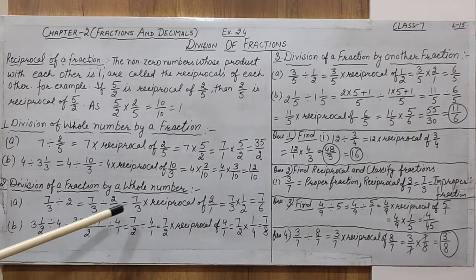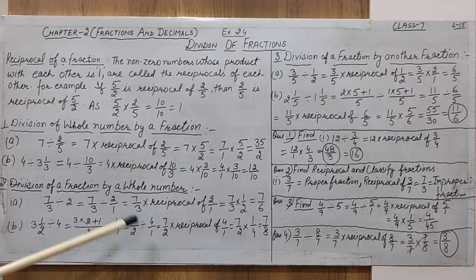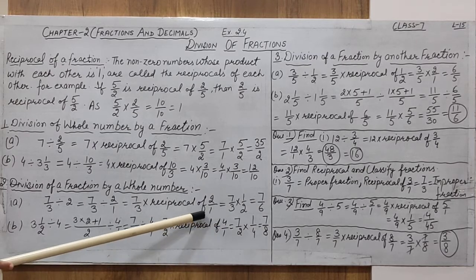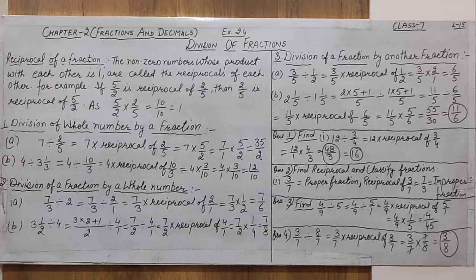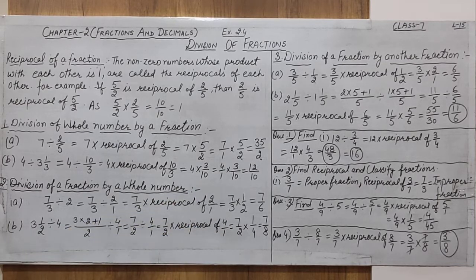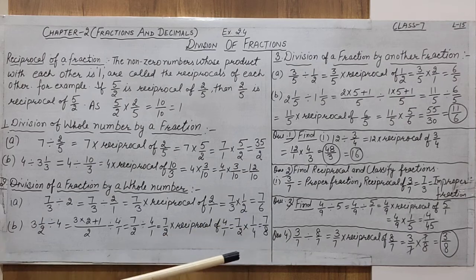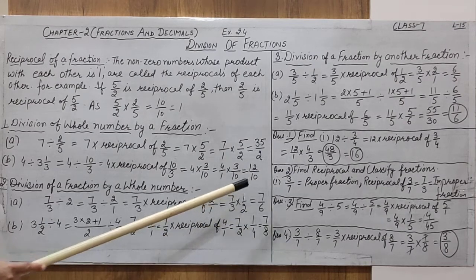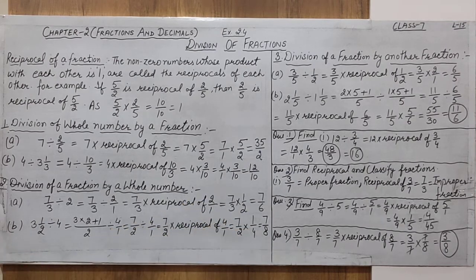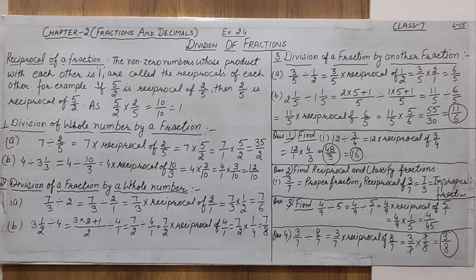You must understand that you have to multiply the first number with the reciprocal of the second number, not directly. That is, the numerator is changed into the denominator and the denominator into the numerator. So 7 by 3 multiplied with 1 by 2. The numerator is multiplied with the numerator when two fractional numbers are multiplied. So that gives us 7 divided by 6.